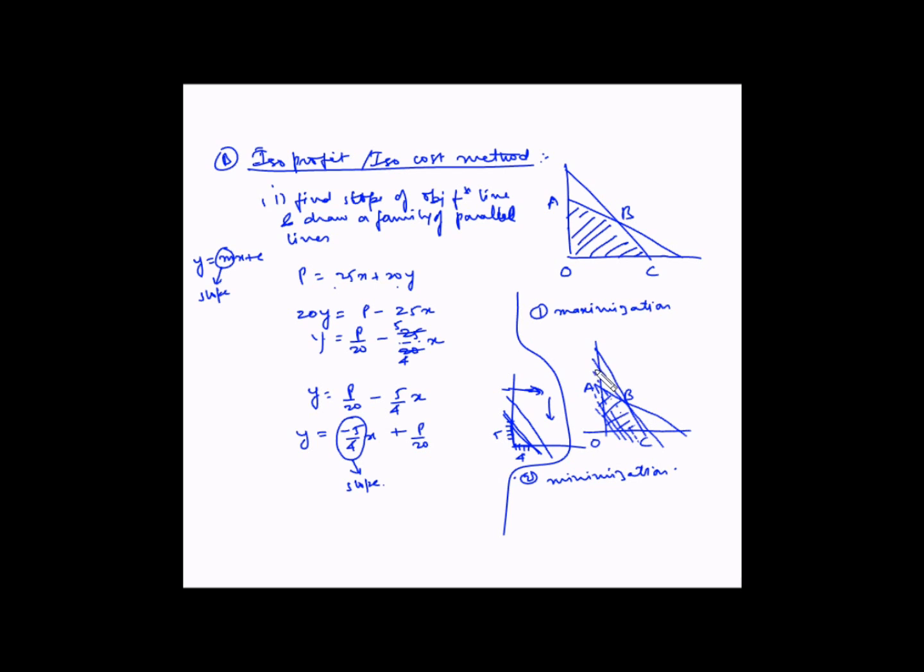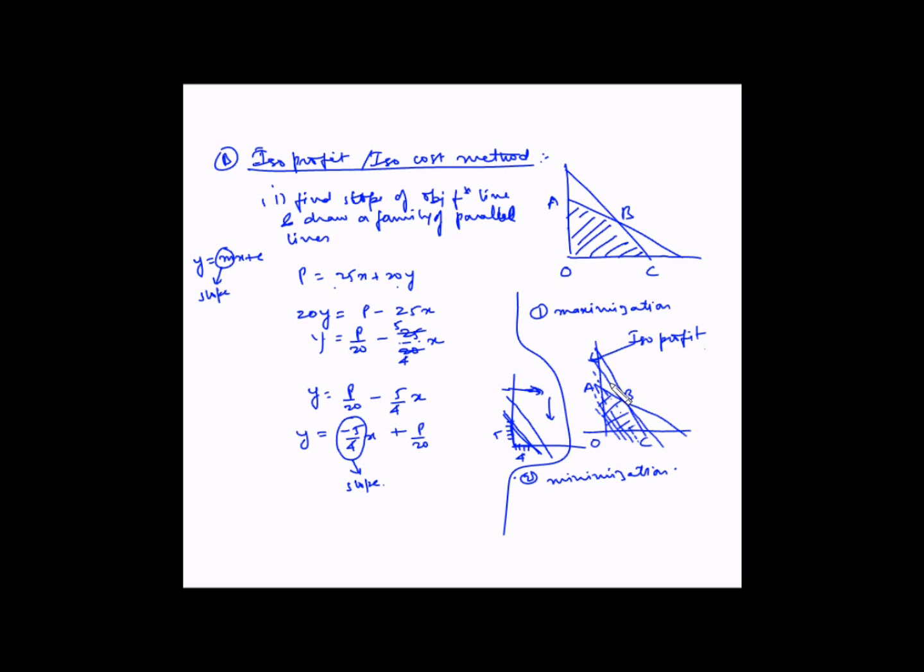Now these lines, in case of a maximization objective, are known as the iso-profit lines. So every point on each of these lines will yield the same profit.